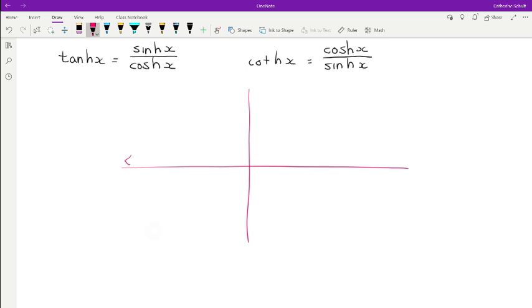So I'm first going to sketch the hyperbolic sine. And it's bounded by two functions, 1/2 e to the x, and then negative 1/2 e to the negative x.